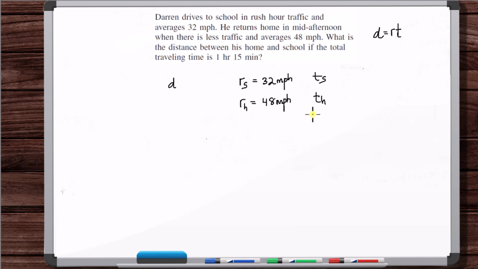Time driving to school, time driving home. And we know that TS plus T home is equal to 1 hour and 15 minutes. And we're going to leave this in hours. We're not going to convert this to minutes. What is 1 hour and 15 minutes as a decimal? So what is 15 divided by 60?